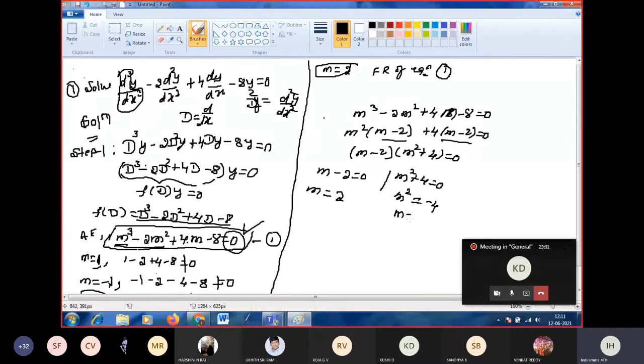Then m is equal to plus or minus root of minus 4. You should take plus or minus, because it is m square, so you should get two roots, one with plus and another with minus.